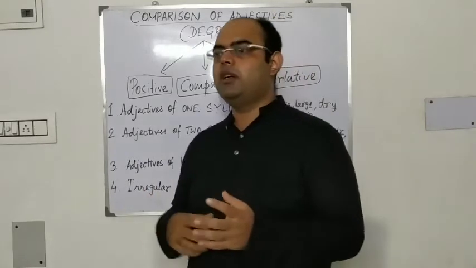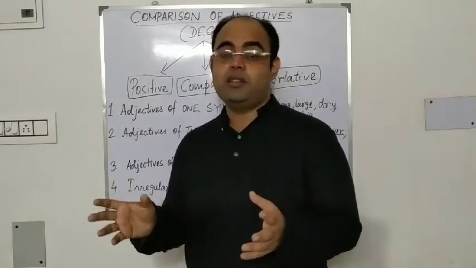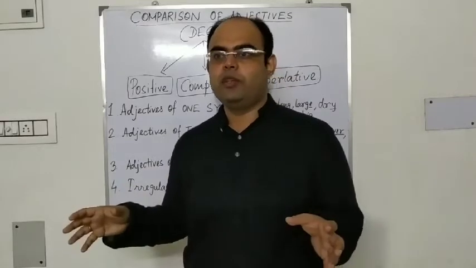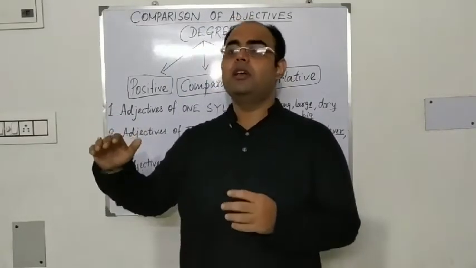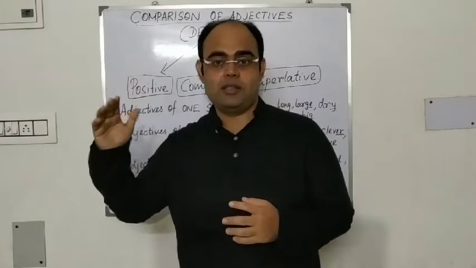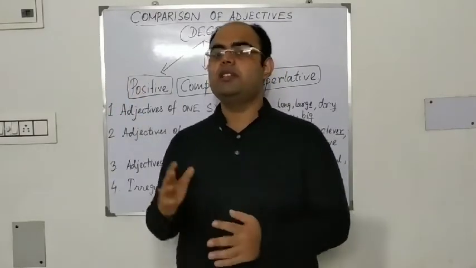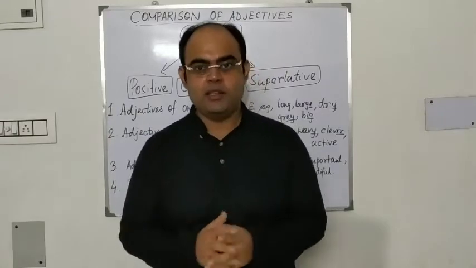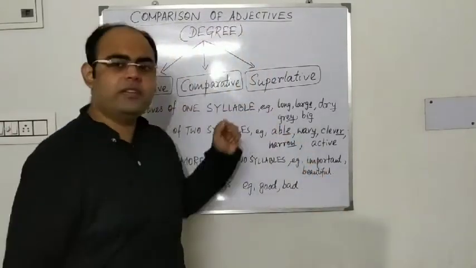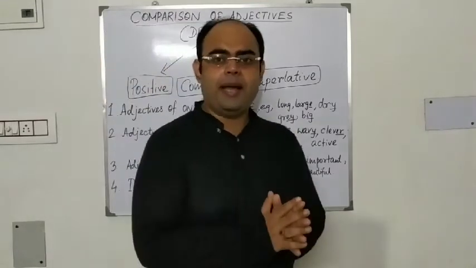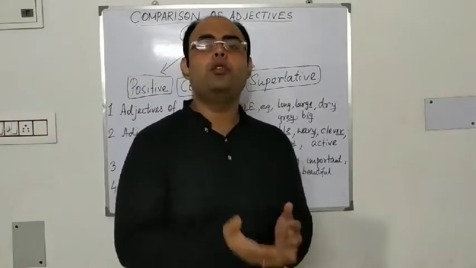Then suppose Ravi reads in a class of 50. So 50 students are there. Among all those 50 students, Ravi's tallness is the most. So we'll say Ravi is the tallest boy of the class. In this case, the word tallest is said to be in superlative degree, because the comparison is between more than two people.